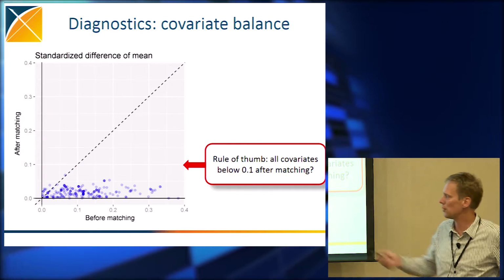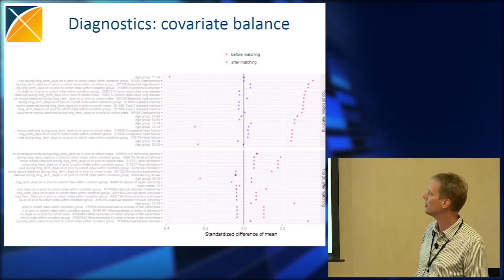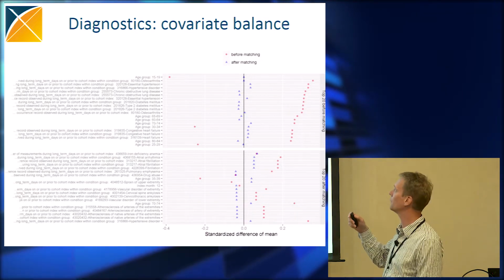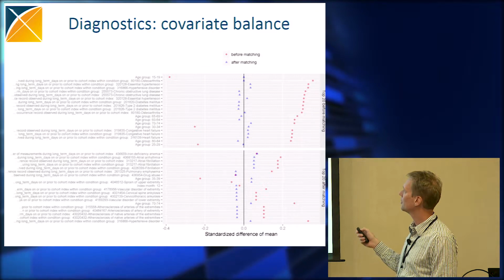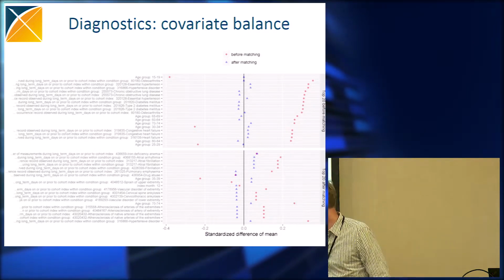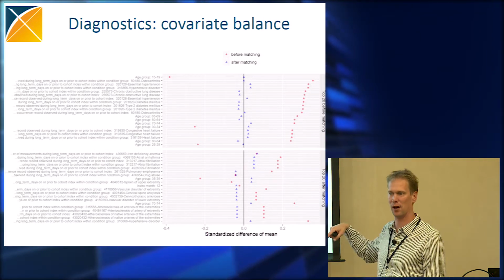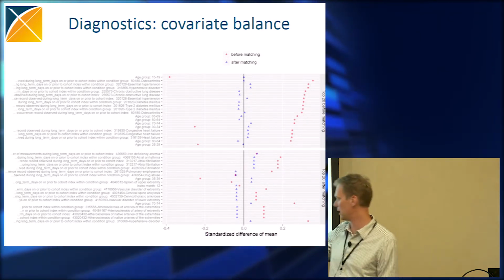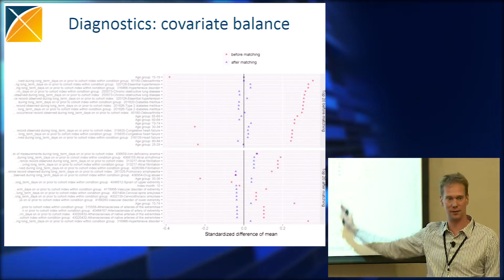Another way to visualize this exact same data is this plot, which is also automatically generated. I know you can't read it, but let me explain what it is. On the x-axis is the standardized difference of mean, but whereas the previous plot used the absolute value, here this is positive and this is negative, so anything here means the difference is 0.